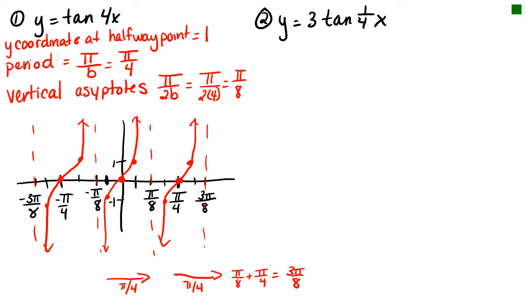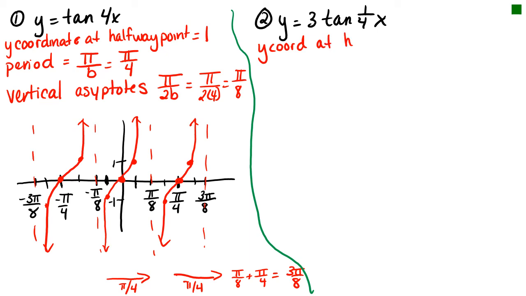I'm going to draw a line in between these guys. All right, so we're going to find the y coordinate at halfway, which is going to be equal to a, which is 3. My period is going to be pi divided by 1/4, which equals 4 times pi.